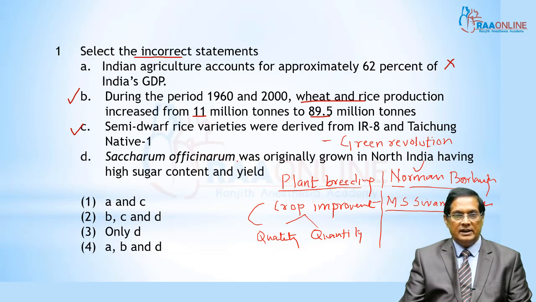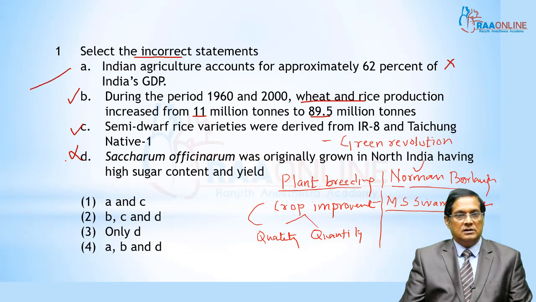Saccharum officinarum, originally grown in North India. No, wrong. It is grown in South India. So that is the incorrect statement actually. Now the 11 to 89 is right, but the first one is also wrong.